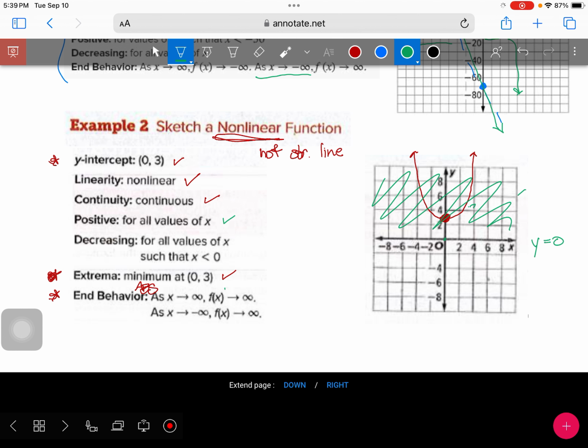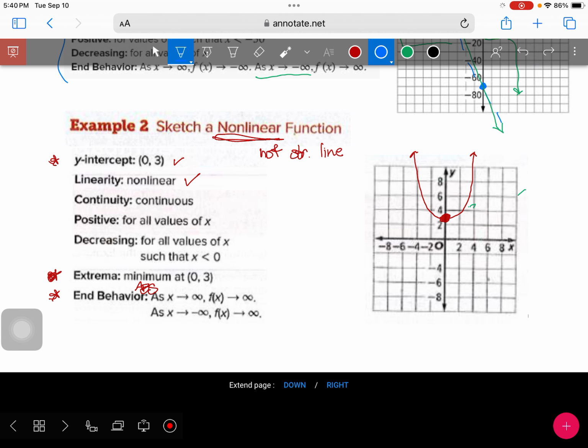So here's 0, and this is my side where x is less than 0, and it is decreasing the whole entire time. So this looks to be fitting that bill.